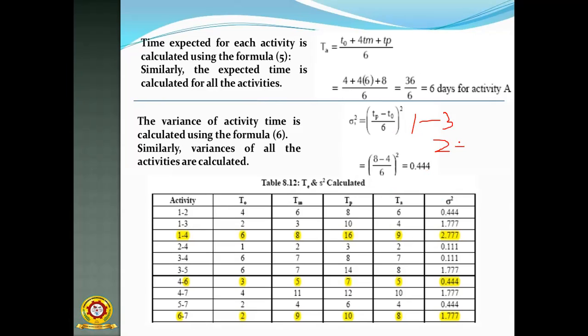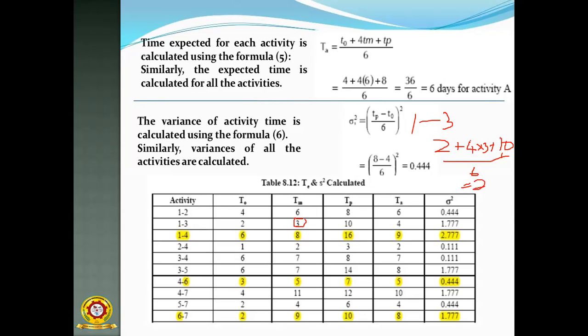Directly substituting: TO is 2, then 4 into TM, which is 3, so 4 into 3, plus 10, since TP is 10, all divided by 6. So what is the value? Finally 2 plus 4 into 3, that is 2 plus 12 plus 10.